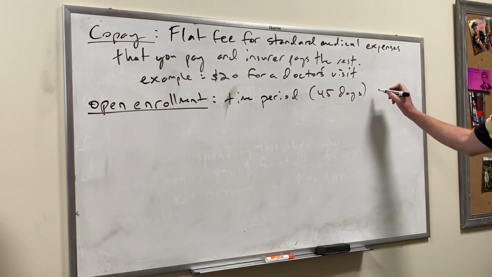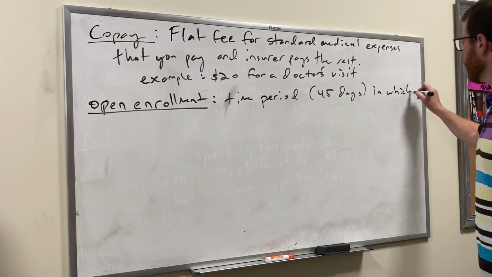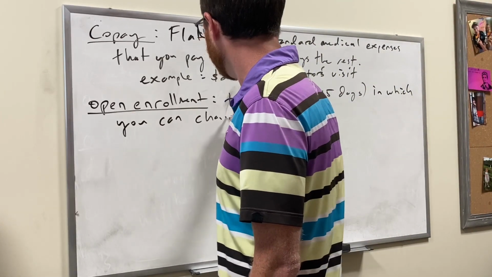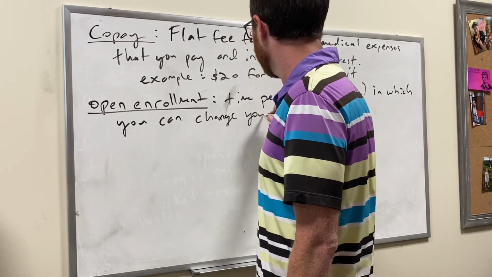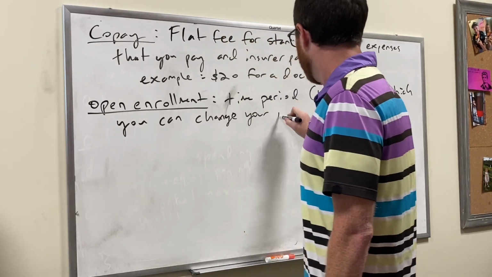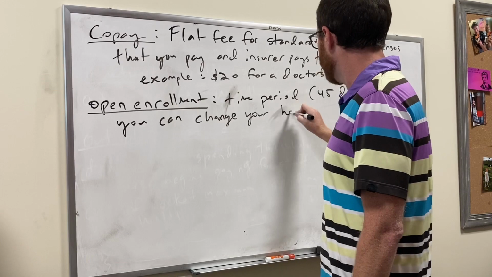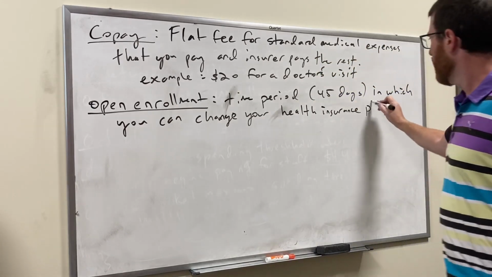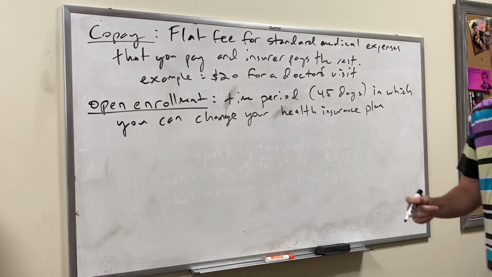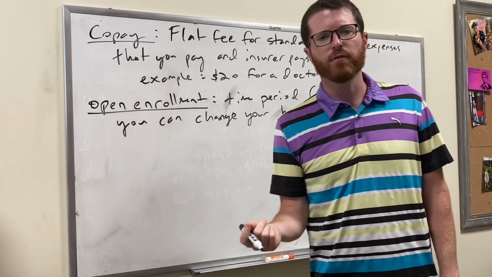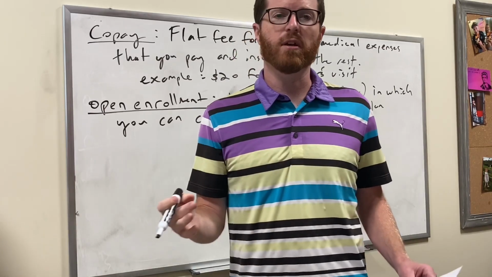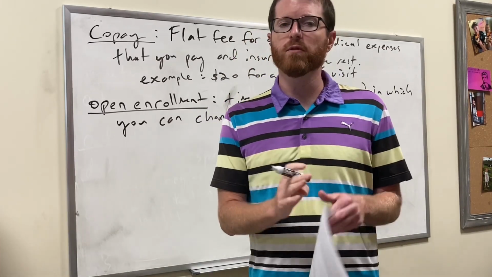So this is a time period in which you can change your health insurance plan. So you might decide you want to switch from what you're going to learn as a high deductible plan to something maybe like a comprehensive plan. Well, that's a big change, okay? And you only have this one window to do it.